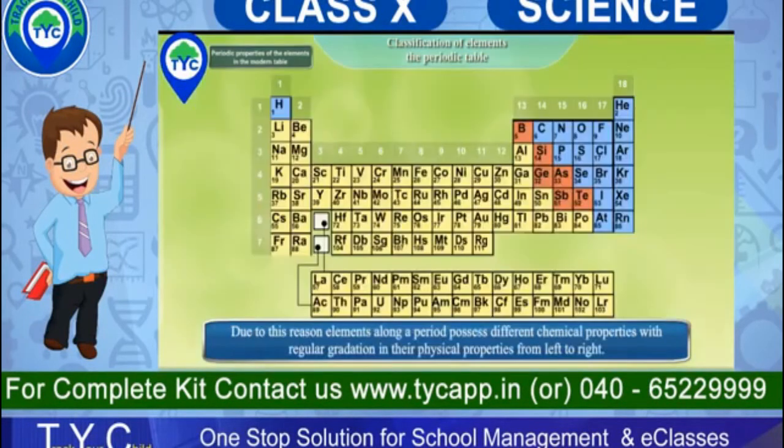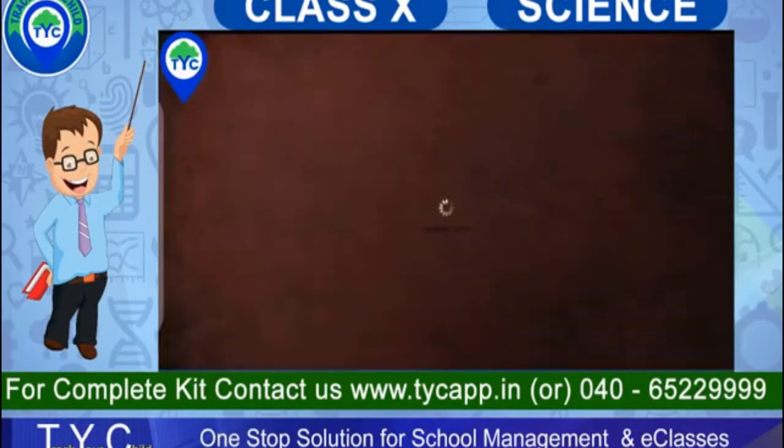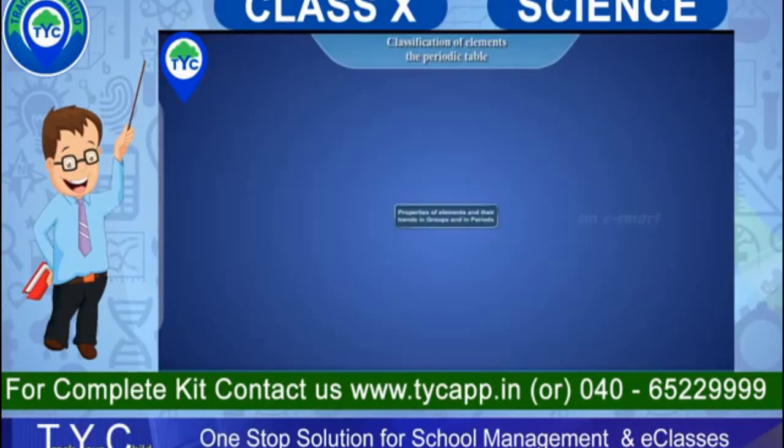Due to this reason, elements along a period possess different chemical properties with regular gradation in their physical properties from left to right. To understand this, we will take some properties of elements and discuss how they vary in groups and in periods. Properties of elements and their trends in groups and in periods.